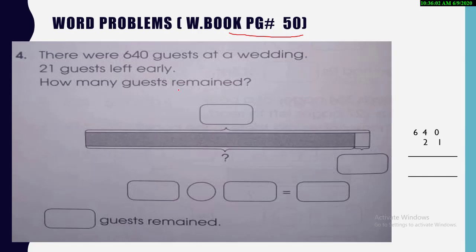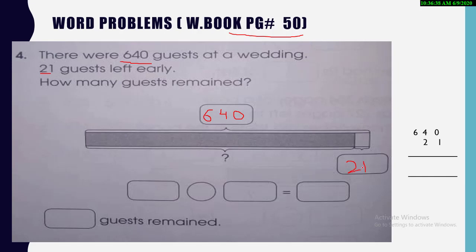So let's have a look at what we are going to do, and look at the bar model carefully. Okay, did you notice one thing? First of all, the total bar value is given, which is the total number of guests, 640 guests in total, and this piece value is given, that is 21 guests who left a bit earlier than the others.